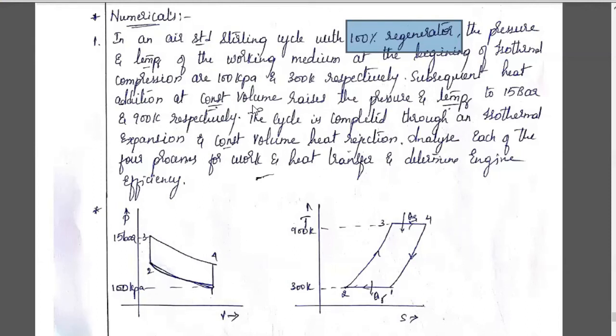Subsequently, heat addition at constant volume raises the pressure and temperature. Heat addition at constant volume is the 2 to 3 process, raising the pressure to P3, 15 bar, and 900 Kelvin, T3. The cycle is completed through an isothermal expansion and constant volume heat rejection. Analyze each of the four processes for the work and heat transfer and determine the engine efficiency. We have to calculate the engine efficiency.